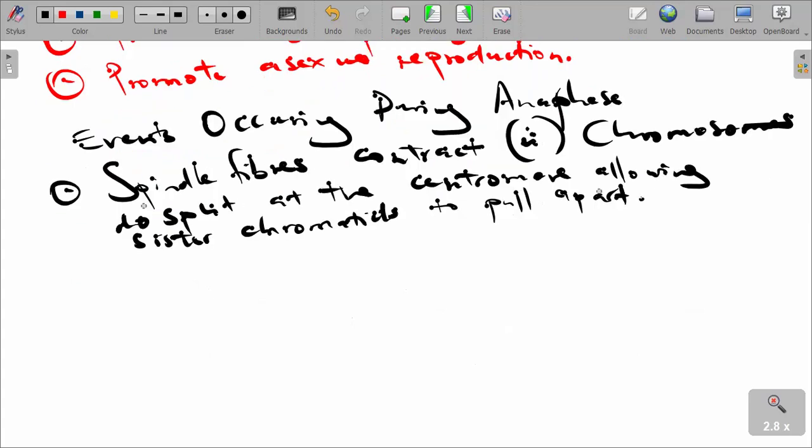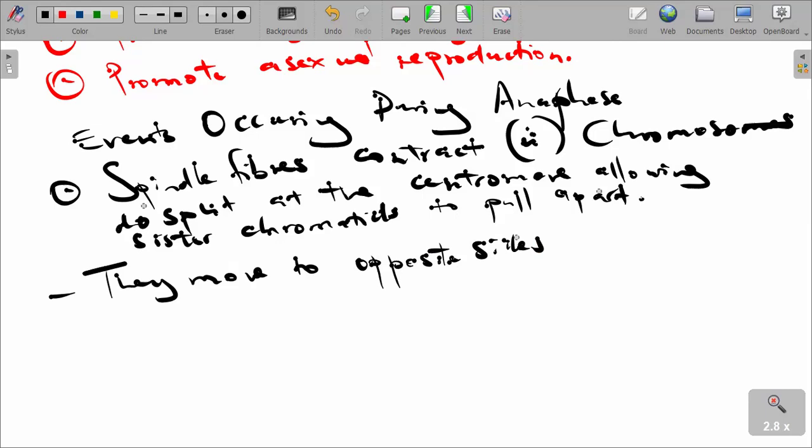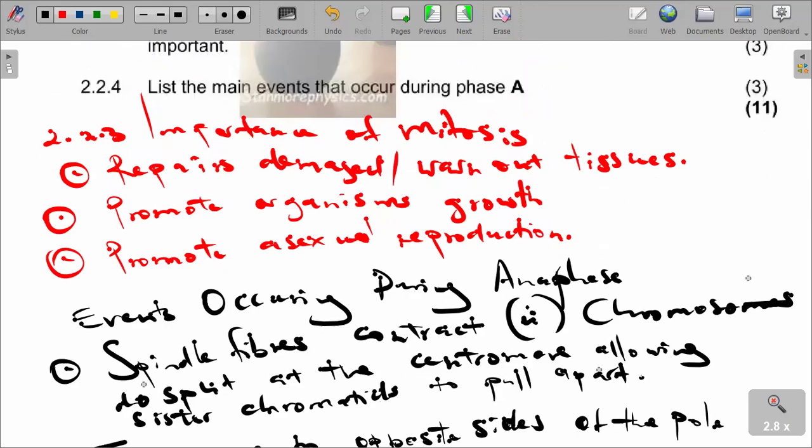And then, as they pull apart, they move to opposite sides of the pole.